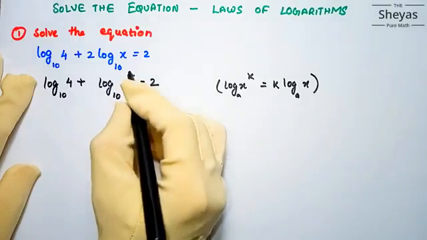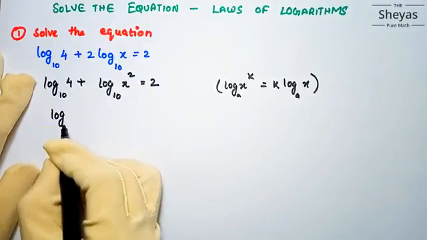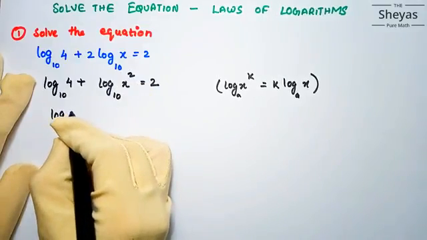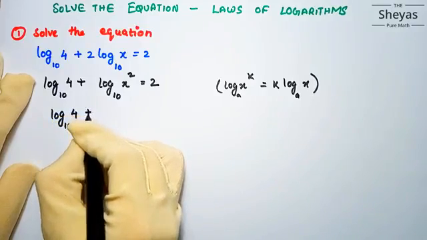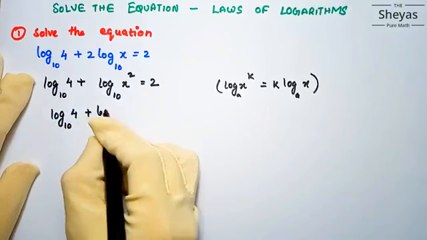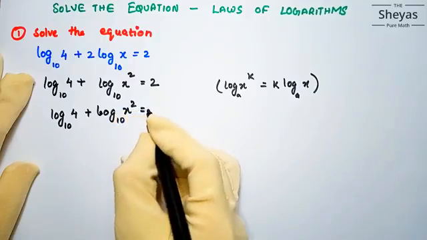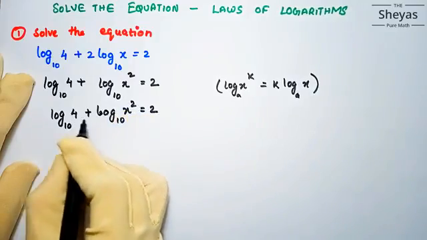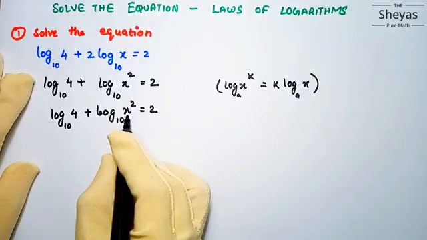And now the next step. Log 10 of 4 plus log 10 of x square is equal to 2. Now here what I am doing is, this is an addition.